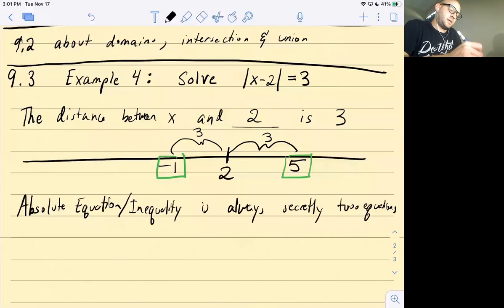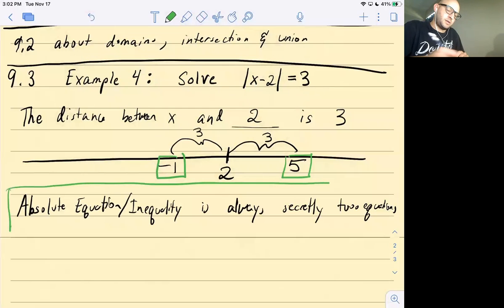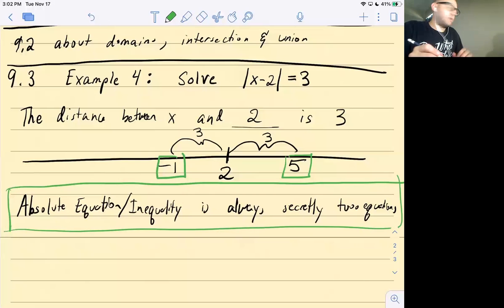So this is just a key thing to remember if you're doing it algebraically. You always want to be setting up 2 separate equations. And the equations you can think of are, well, imagine this is just an expression, just a number. How could the absolute value of this number be 3? Well, there's only 2 possibilities.